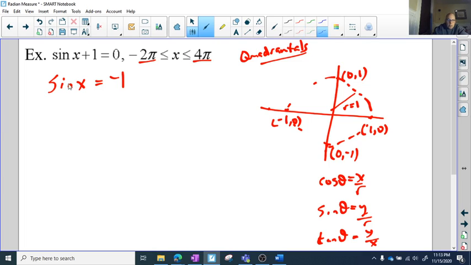We need to draw the distinction that sine is referring to the y value. Remember, r is always 1, so the sine ratio in this case is -1, which is telling me that the y value is -1. Well, if you look on the unit circle, there is only one spot where the y value is -1.